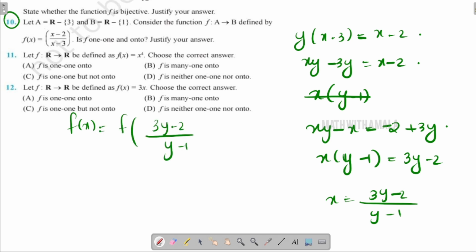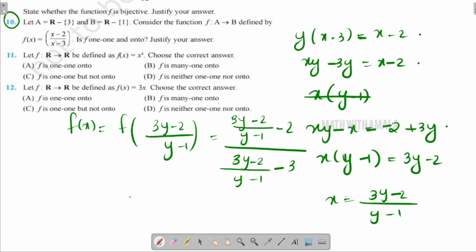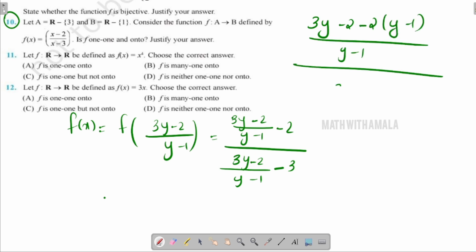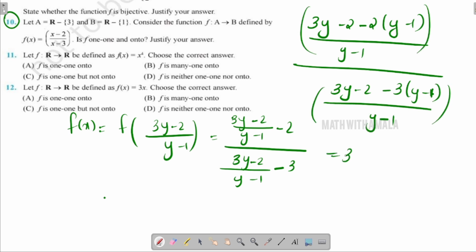Now let's write f of x equal to f of (3y minus 2) by (y minus 1). You can put this in the function: ((3y minus 2) by (y minus 1) minus 2) divided by ((3y minus 2) by (y minus 1) minus 3). Now you can do the cross multiplication for the subtraction of the fractions. Here you can write (3y minus 2 minus 2 times (y minus 1)) divided by (3y minus 2 minus 3 times (y minus 1)).